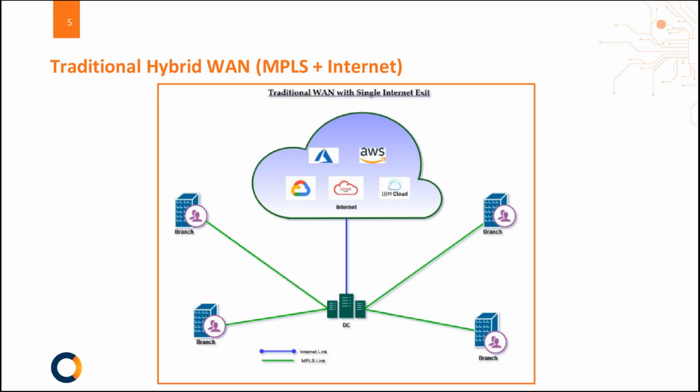So the data center was looking after all those needs of the branches for accessing their applications on the cloud or over the internet. So all the traffic from the branch was again being backhauled to the data center, and the data center was sending it to the internet over the internet link it had.